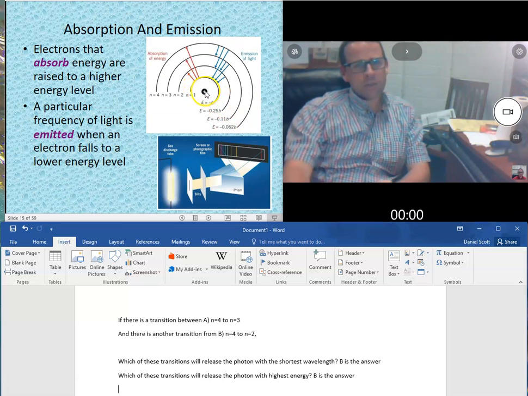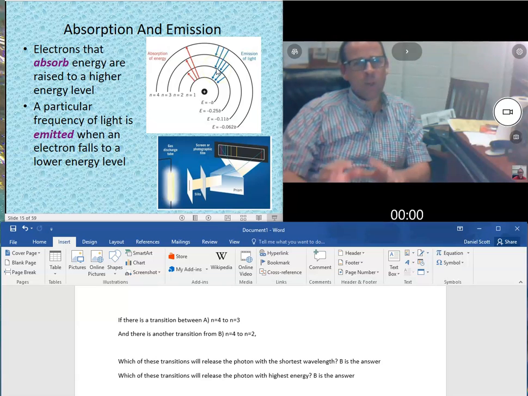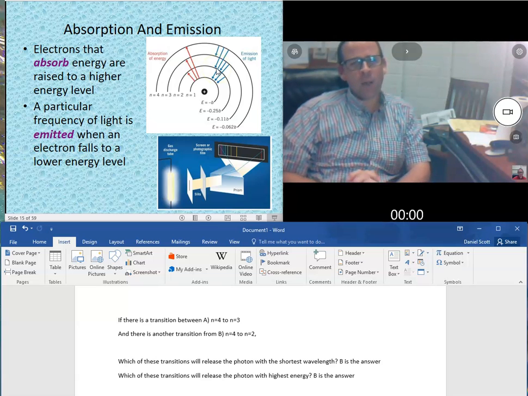A nucleus, orbitals, given different n values, right? And we have this transition, 4 going to 3, or 4 going to 2. And I think that we would probably pretty easily say, oh, 4 going to 2 is going to release more energy because it's fallen further, right? 4 going to 3 releases energy, right? But it releases less energy.